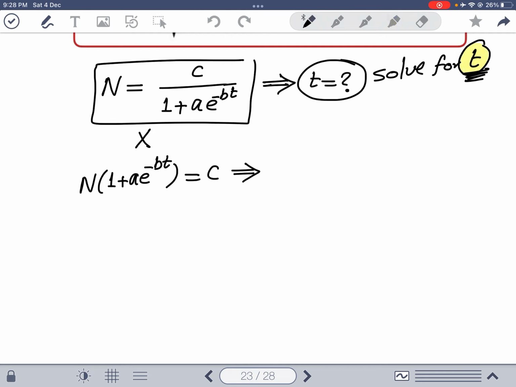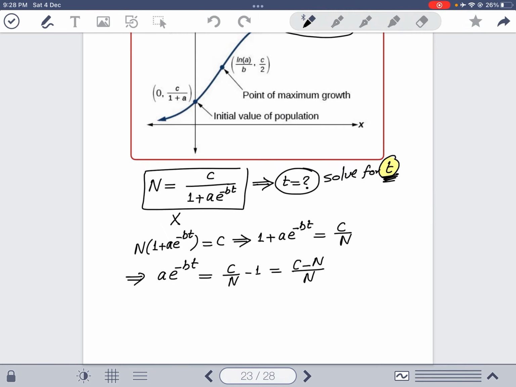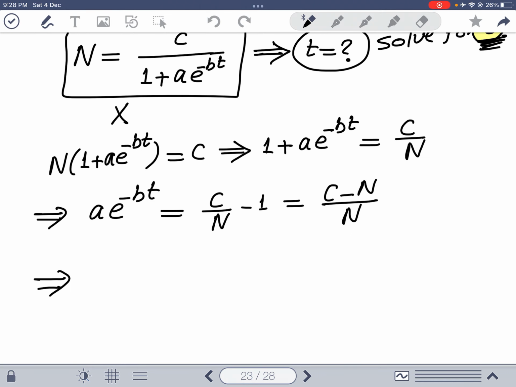So divide by n both sides. You'll get 1 plus a e to the minus bt is c over n, which means a e to the minus bt is, subtract 1, c over n minus 1, and this will be c minus n over n. Okay, and then you can divide by a.